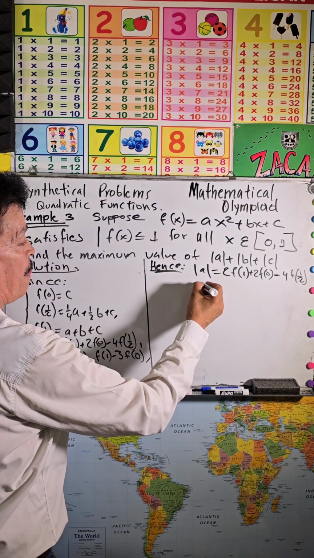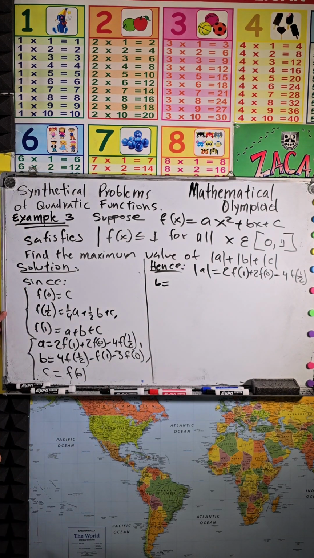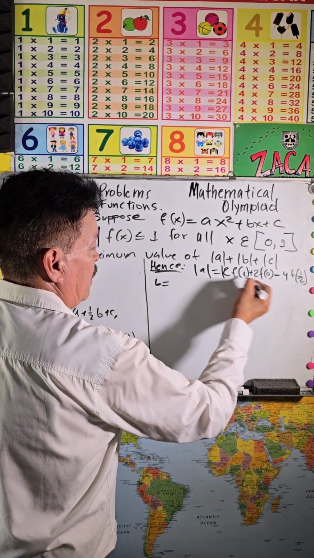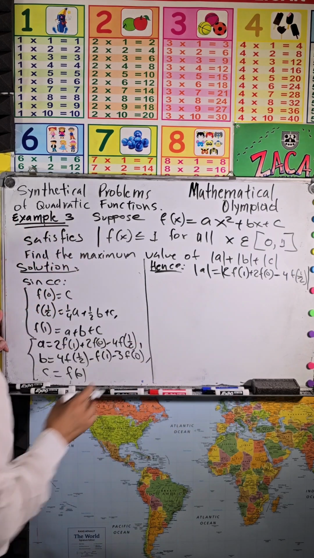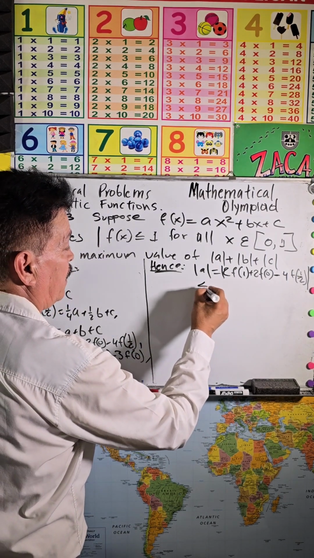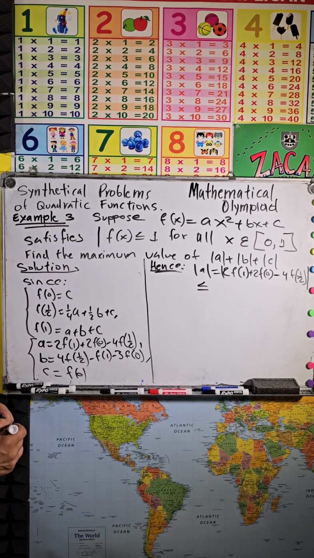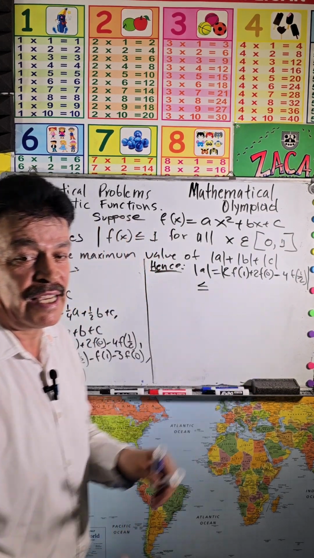So now b. We have to write this here. Let's simplify all this data here.